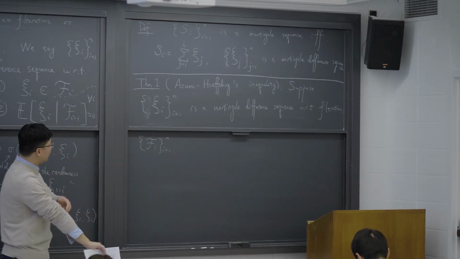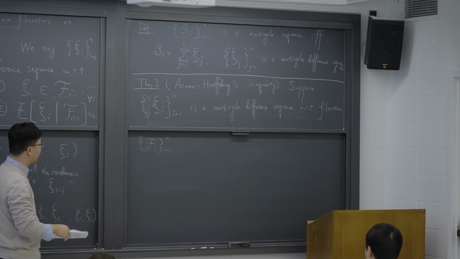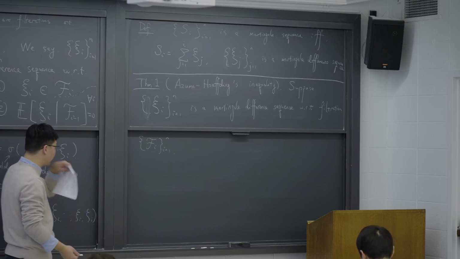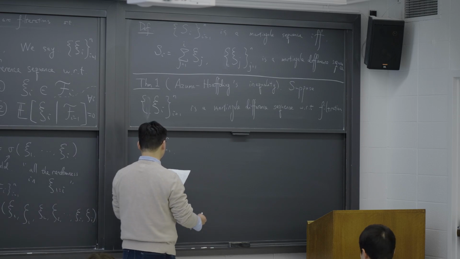Remember that for Hoeffding's inequality, the most important precondition is that the random variables need to be bounded. Here we assume the same thing.